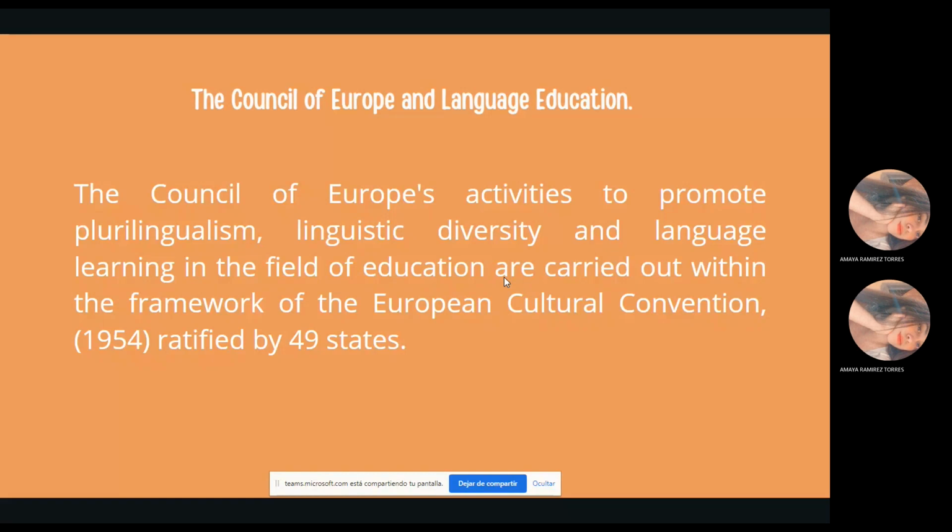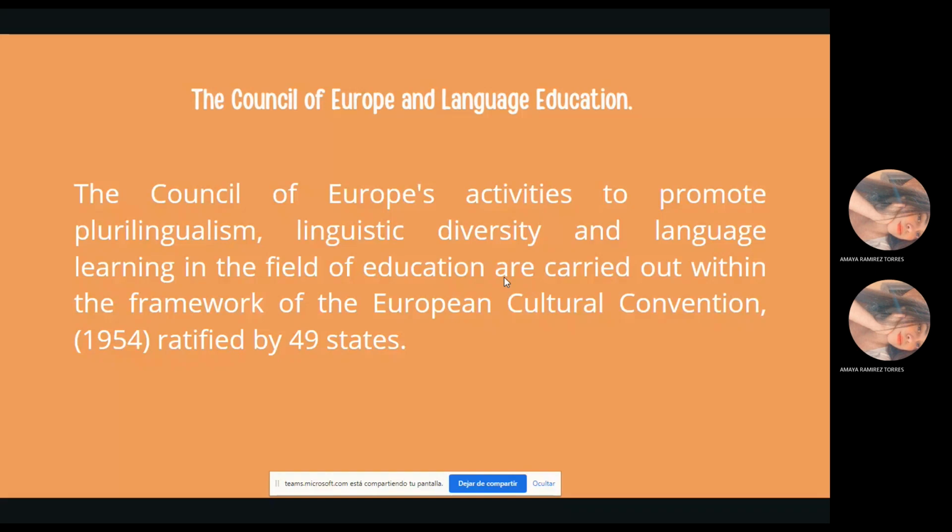The Council of Europe and Language Education carry out within the framework of the European Cultural Convention of 1954, ratified by 49 states.